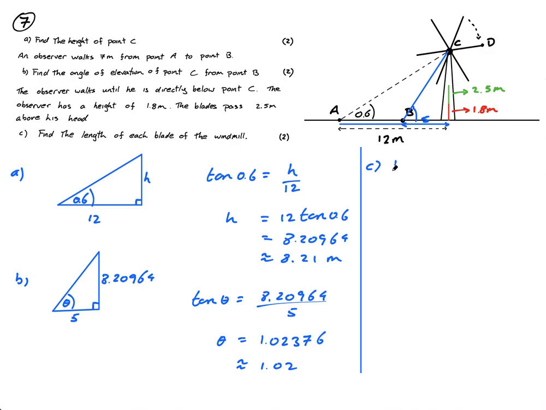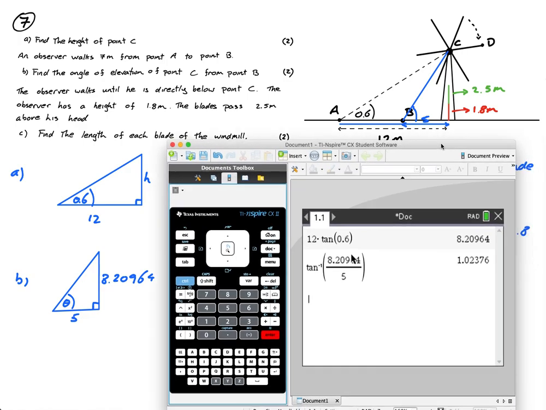You could say let length of blade be L. So then L is just equal to the height, which is 8.20964, minus the 2.5 and minus the 1.8. So it's just this, minus this, minus this.